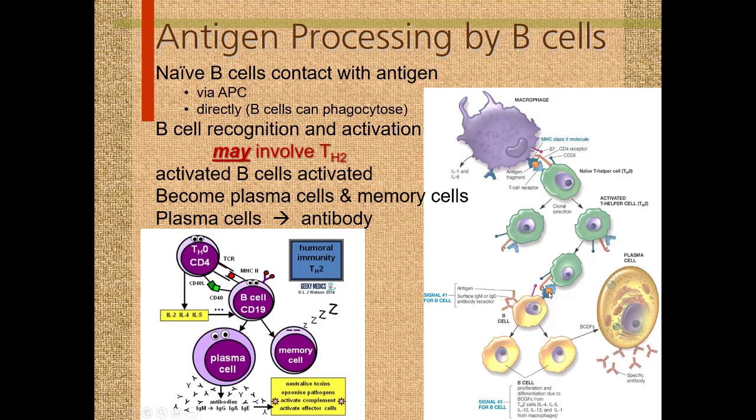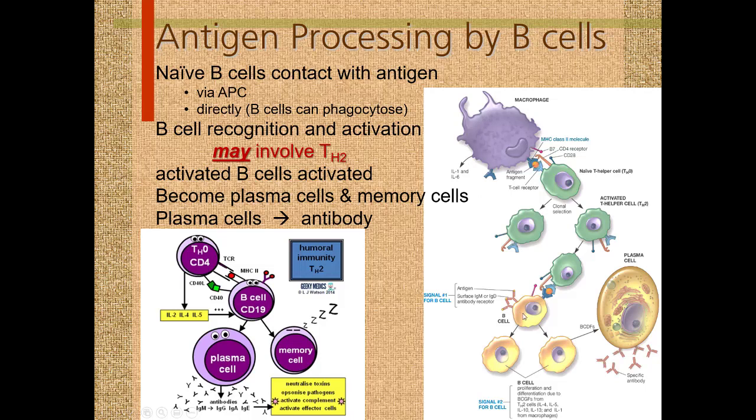The T helper does not have to be involved. In fact, there are two important things here. The APC may directly present to a B cell without having to go through a T cell. Second, there may not even be an APC involved. Remember that B cells can be phagocytic.